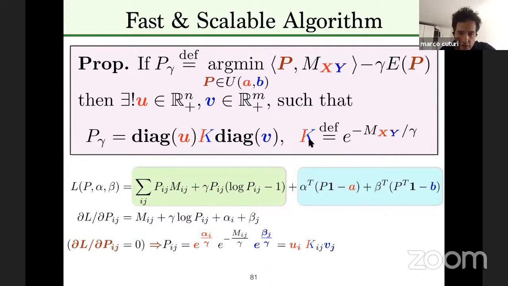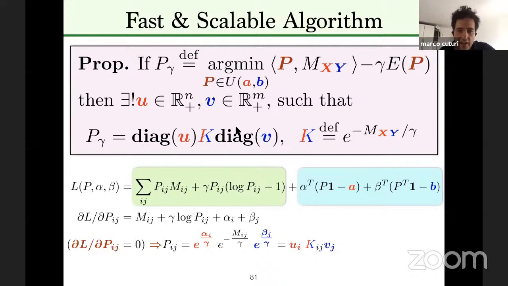And what the first order conditions tell you is that there must exist a vector U and a vector V that are non-negative, such that P gamma is the diagonal matrix of U, times K, times the diagonal matrix of V. So this is U_i K_ij V_j.